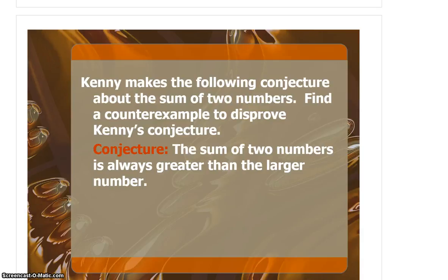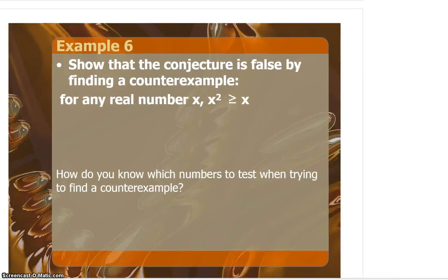So then test negative numbers. -3 plus -4 is -7. The sum of 2 numbers is always greater than the larger number. Here's the sum. The larger number is this one. This would be a counterexample, because it proved it to be false.